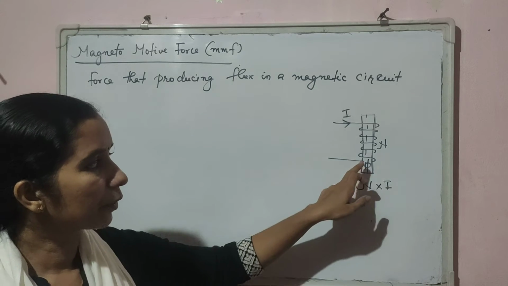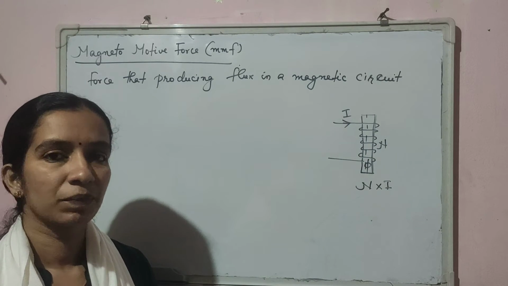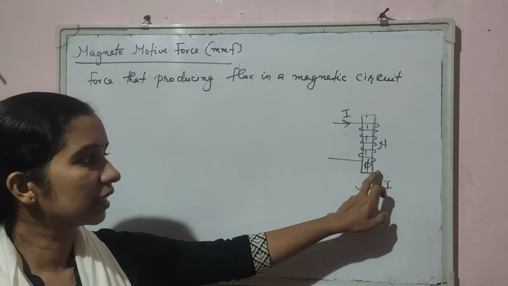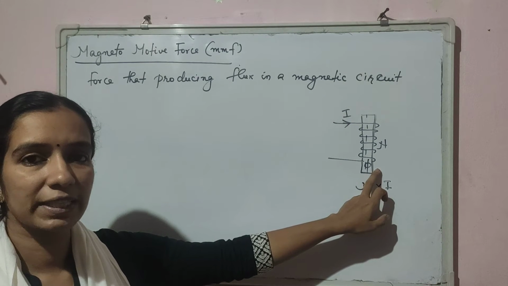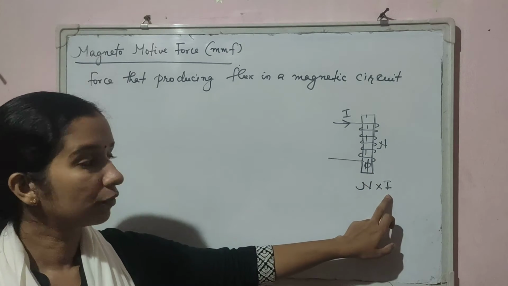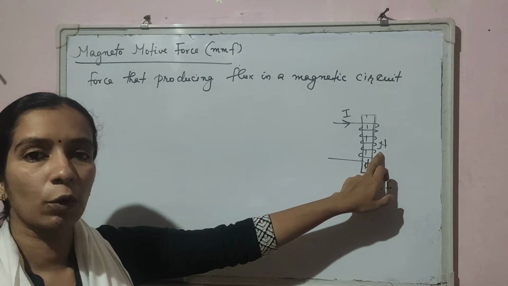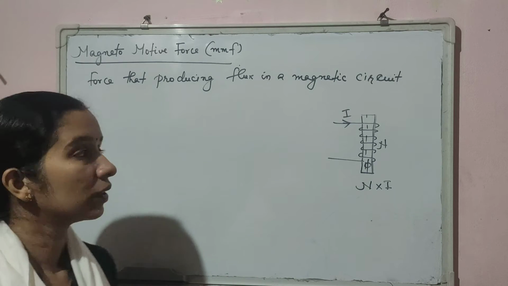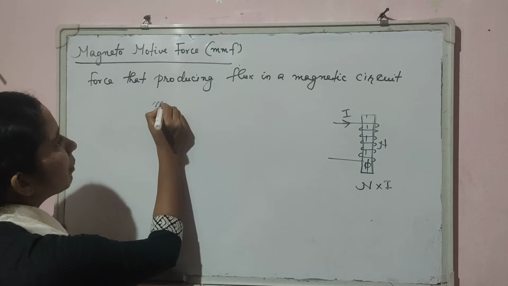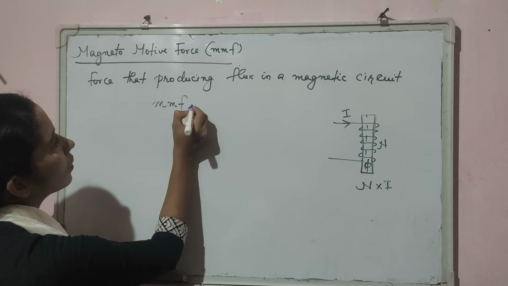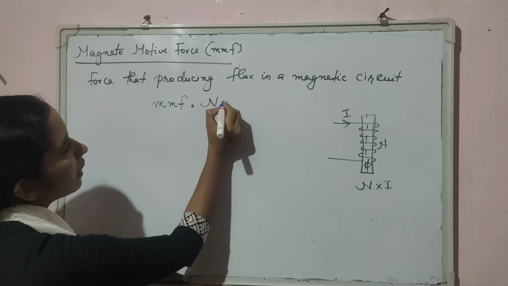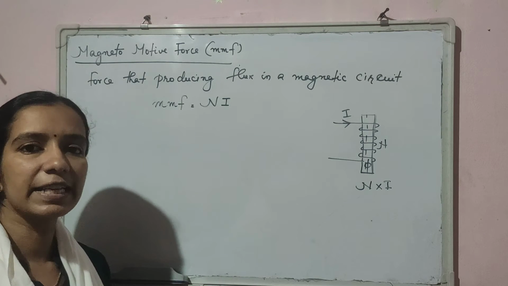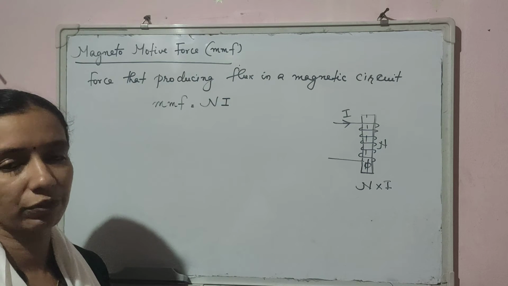So flux will be produced in the iron piece, and the MMF which is producing this flux is calculated as the product of number of turns of this coil and the current flowing through the coil. So we can write MMF is equal to number of turns into current. So equation for MMF is N into I, current into number of turns.